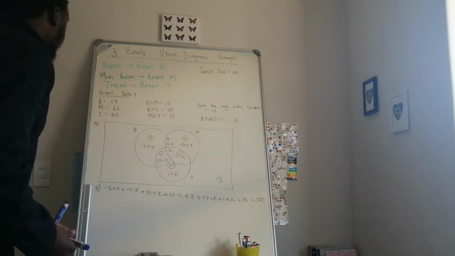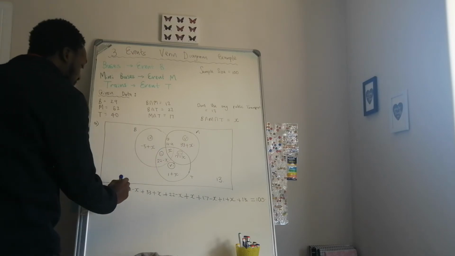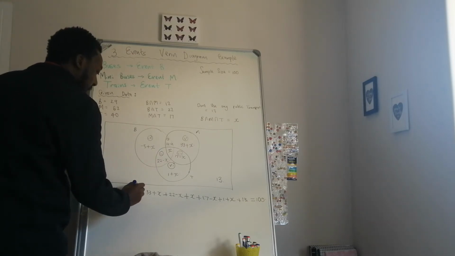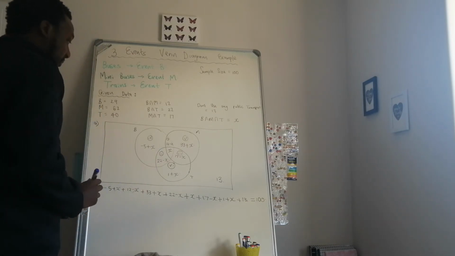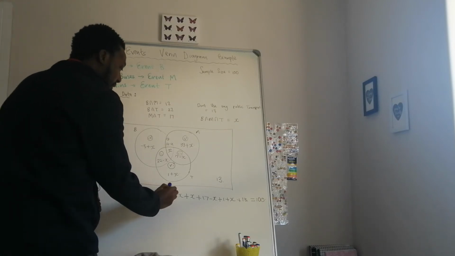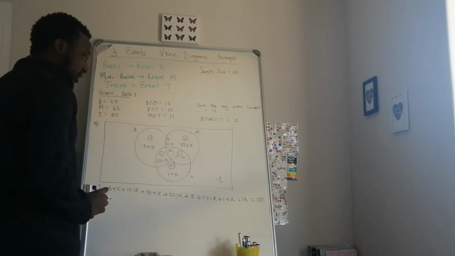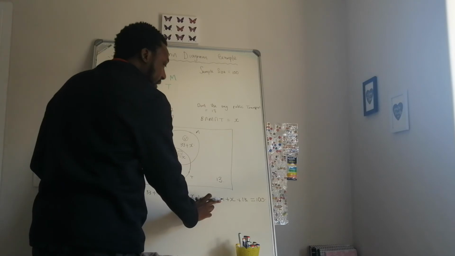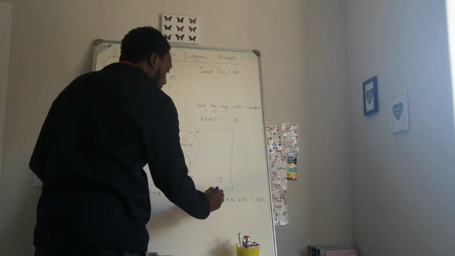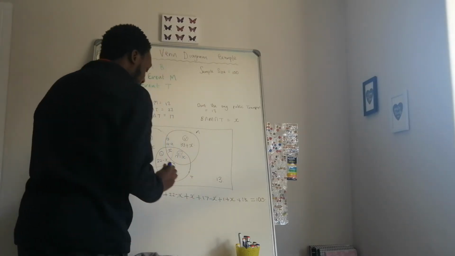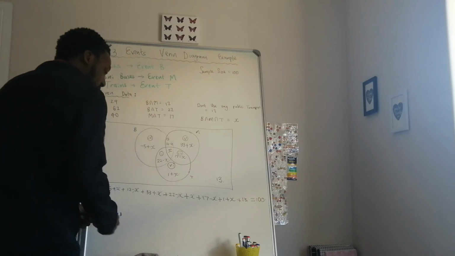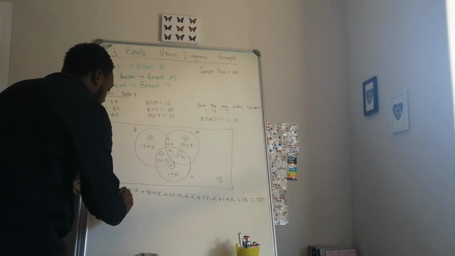Most of these are going to cancel, so we have an x and a minus x, they both cancel. An x and a minus x, they both cancel. An x and a minus x, they both cancel. So what I'm left with is just x. So I'll put x there.